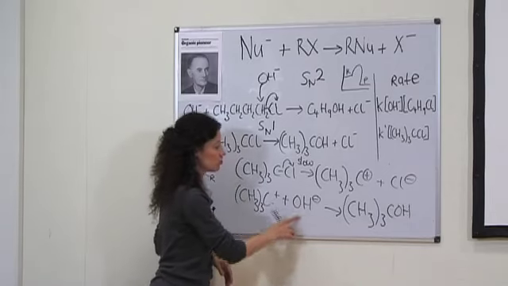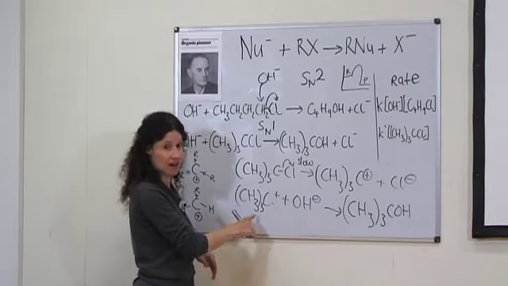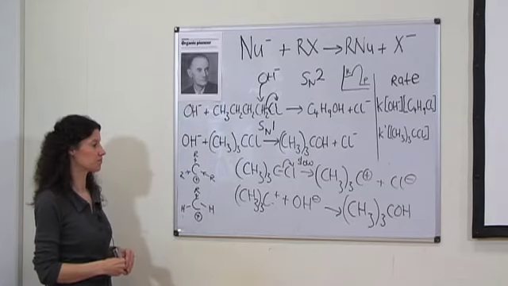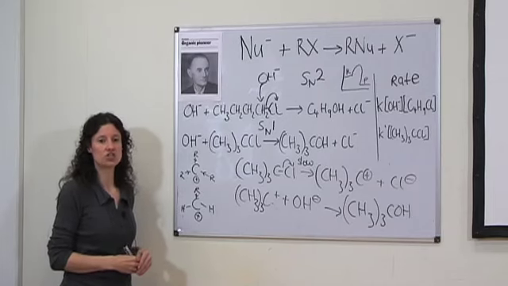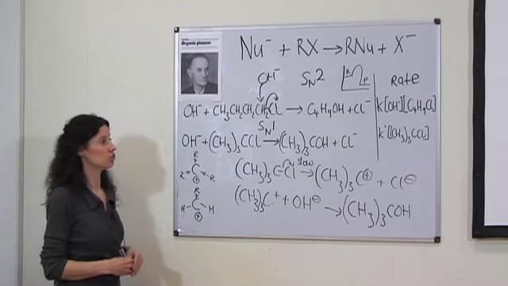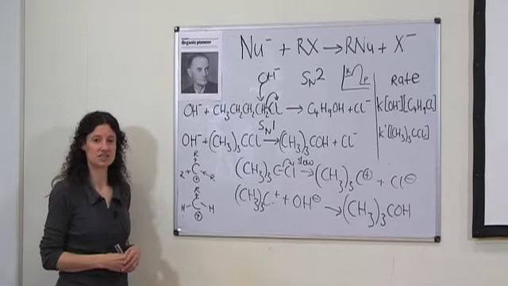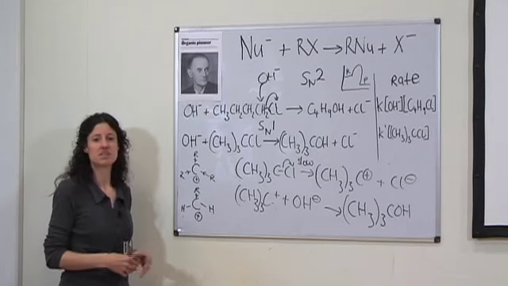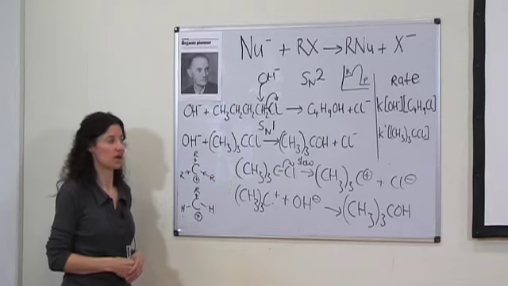So if this concentration was really small, then in fact this would become susceptible to attack by water, and water would play the role of nucleophile in this reaction. So you have to design your experiment very carefully in order to use kinetic data to tell you something about the reaction mechanism that's taking place. And Professor Ingold and his colleagues actually had extensive experimental evidence that allowed them to convince chemists of the possibility of this SN1 reaction mechanism.